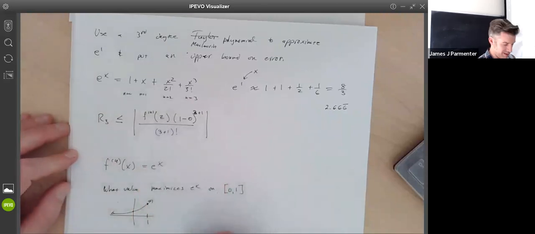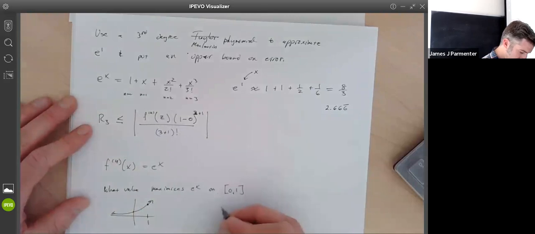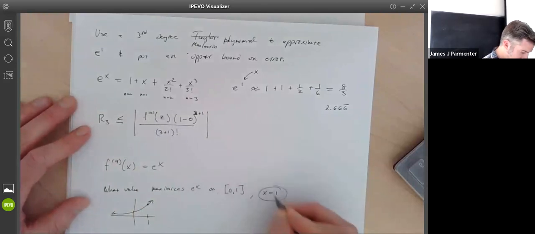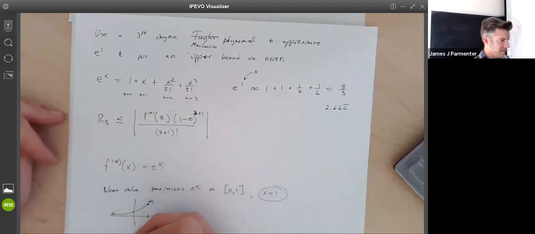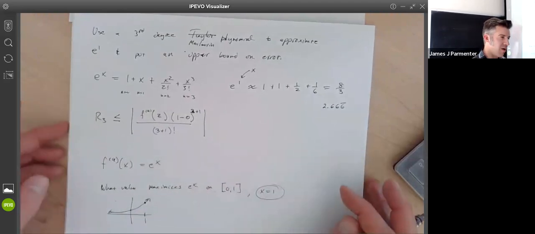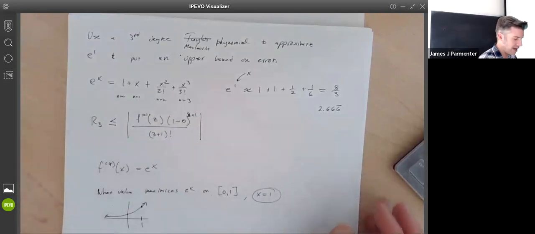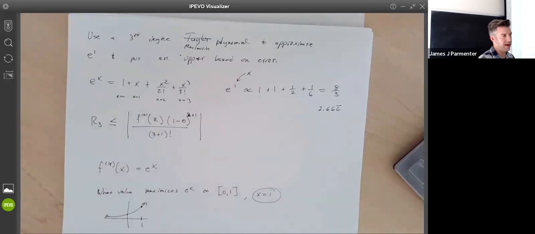Now, here's the problem with picking 1. My fourth derivative is e. And it feels kind of silly or maybe wrong to say, I'm approximating e, and then I want to talk about my error, and I'm going to use the exact value of e to talk about my error. It feels like cheating.